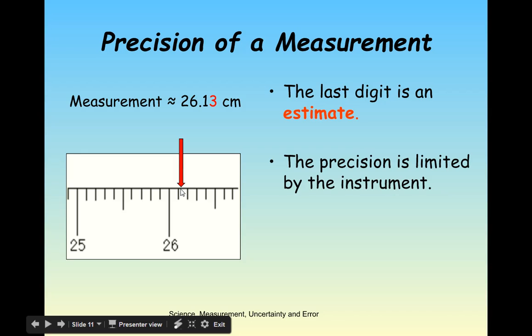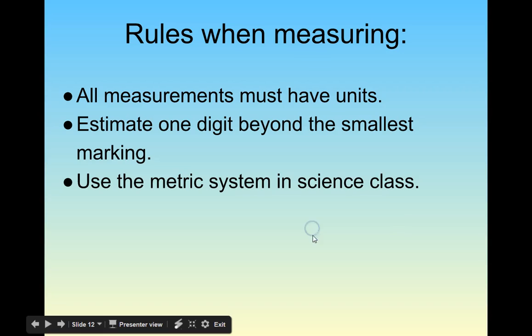So we are going to estimate that last digit to the 100th position. So we're going to measure this to be 26.13. If one student says this looks like it's 26.14 or 26.12, those are all acceptable answers. That last digit becomes an estimate, and that helps make your number more precise.